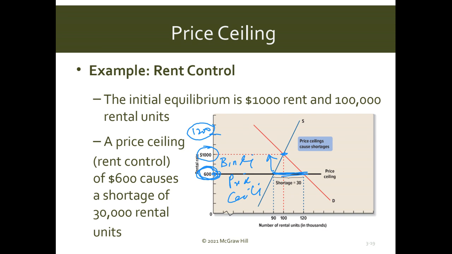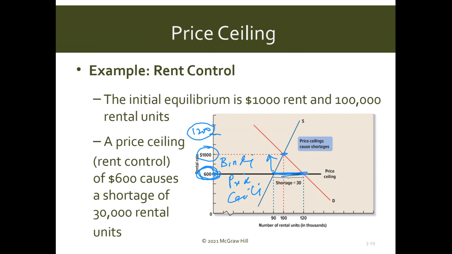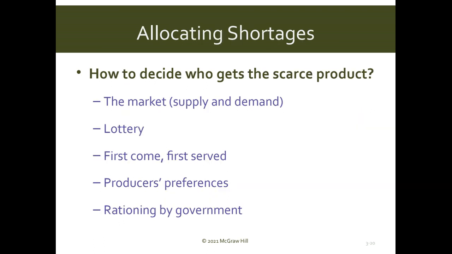Now, I just discussed earlier that we have shortages here because of the price ceiling. How will the government take care of these shortages? These are different options for how to decide who gets the scarce product.